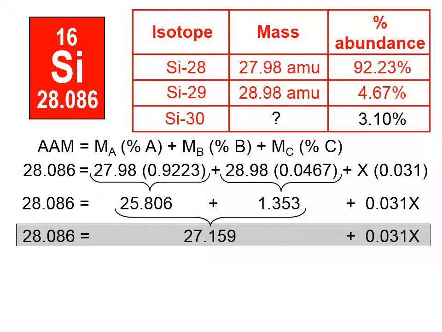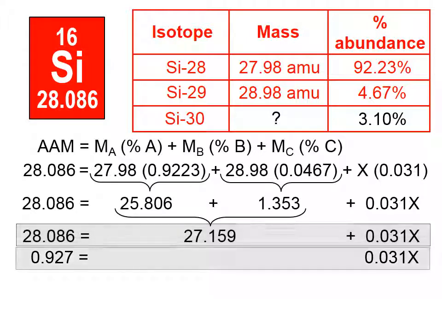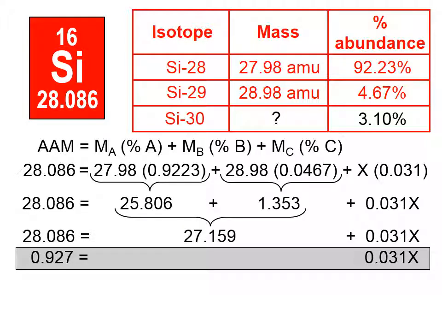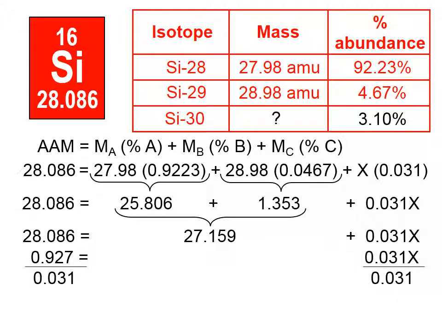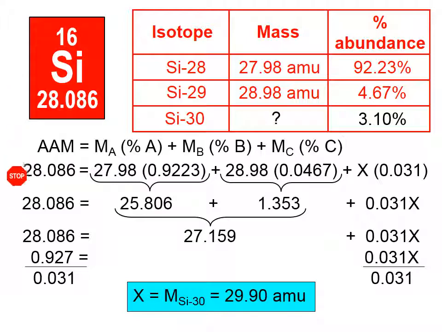Then we're going to subtract 27.159 from both sides. And now we're left with 0.927 is equal to 0.031 times x. So we're going to divide both sides by 0.031, and we find that x is 29.90 AMUs.